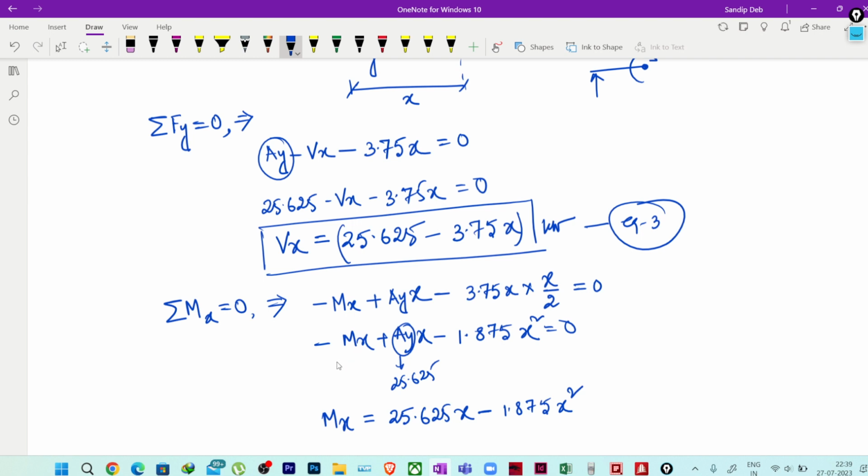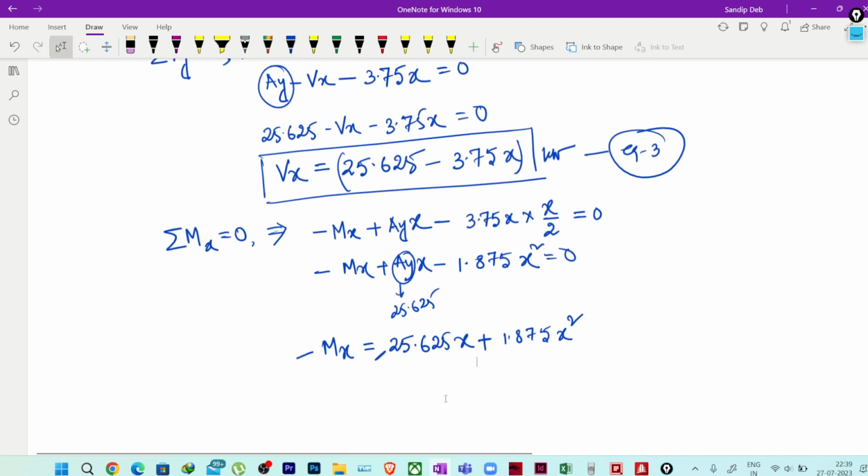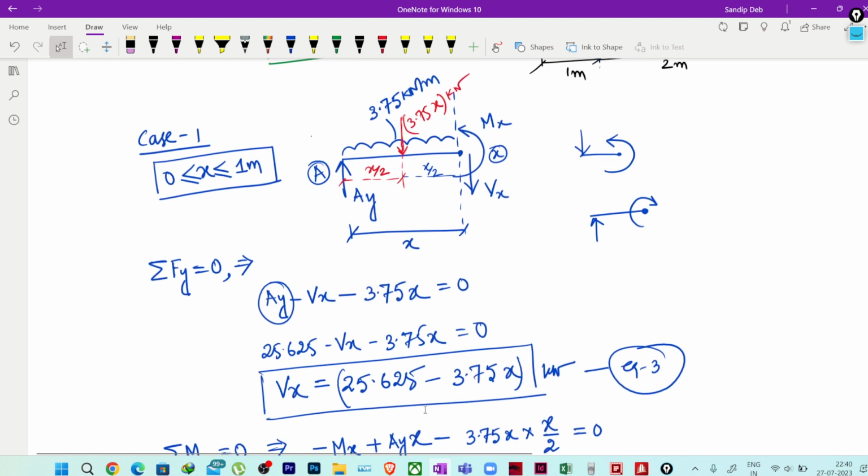Let me just do it properly. Minus Mx. Okay, this is plus, it will become minus. This is minus, it will become plus. Now if I multiply it with plus, it will be minus. Okay, so I did it correct only here, I feel.